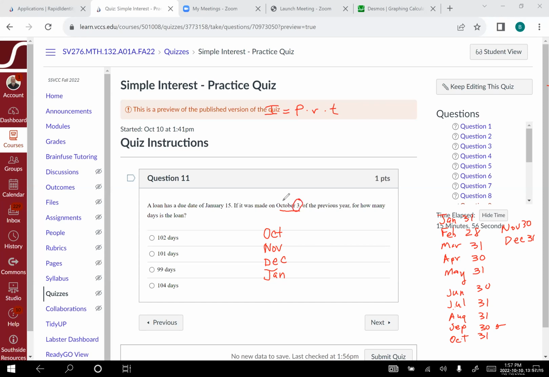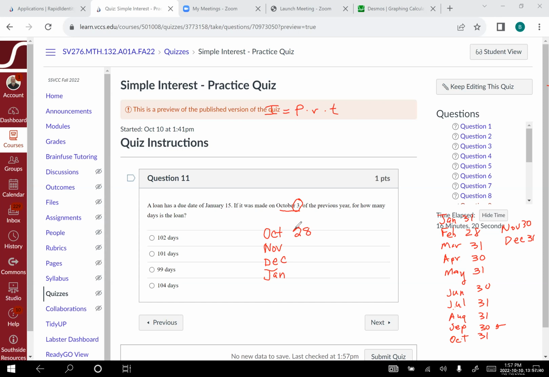So if you take those 3 days out, how many days do you count? Very good, 28. Because if the loan was made for the beginning of the month, then you would count the whole month. But it's made on the 3rd, so those 3 days don't count, but the other 28 days do, because you didn't have the money the first 3 days.